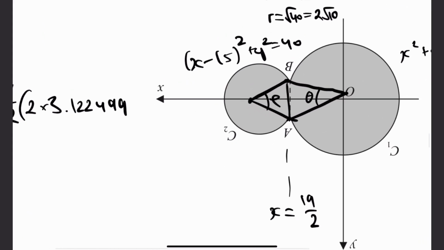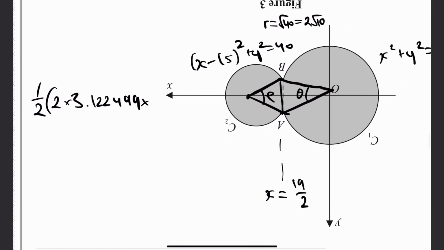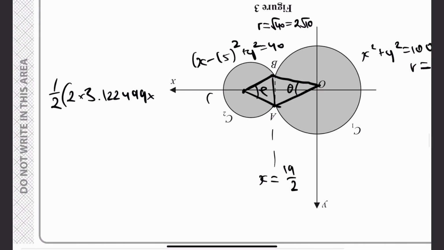And that's the base multiplied by the height, which is 15.0. Okay, and this point is 9.5, so the height is going to be 15 minus 9.5, which is 5.5, or just 11/2.